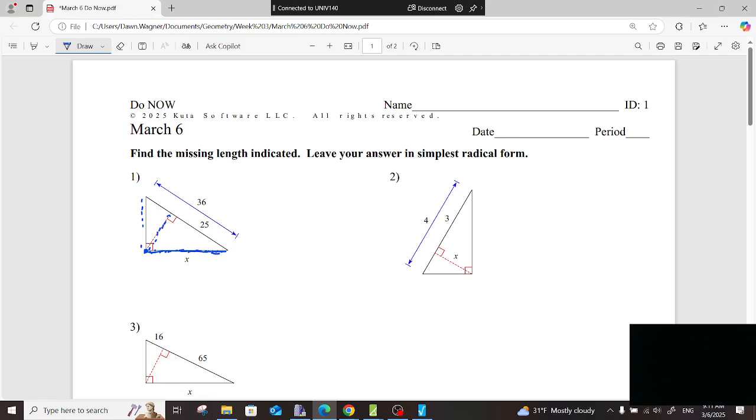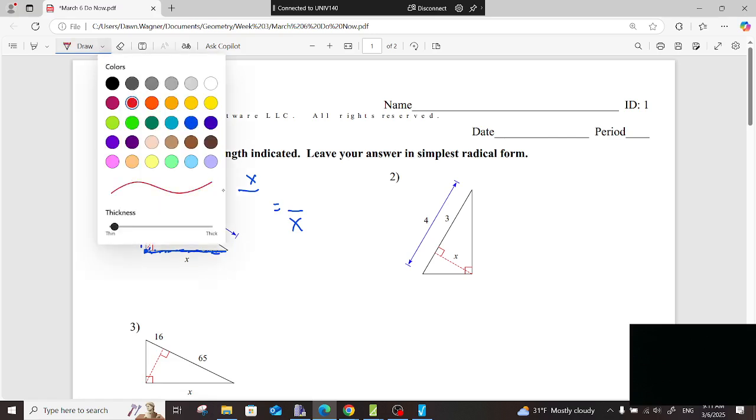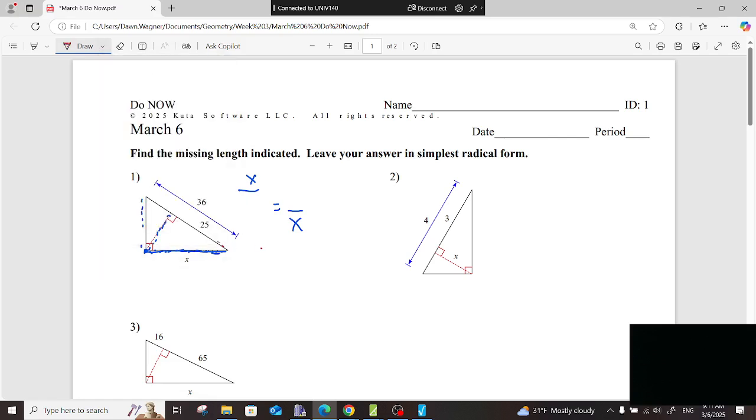We did that when we were cutting out triangles and flipping them around and seeing how they match. That's why this works. So if I do x equals x down here, and remember, it is the side it touches, because we're comparing this mama bear triangle and the whole hypotenuse, because that's the hypotenuse of the big triangle.